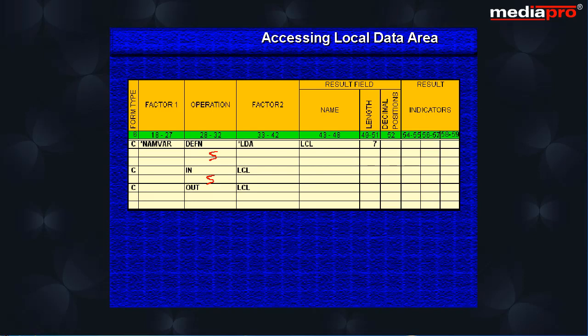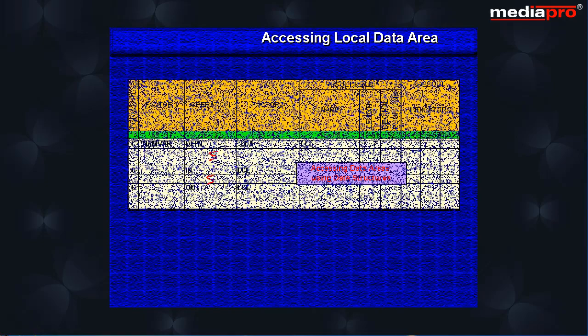Once it has been defined, the local data area can be read from and written to using the IN and OUT operations and specifying the name of the field within the program. Later on, we shall see how the data areas can also be accessed through the use of data structures.